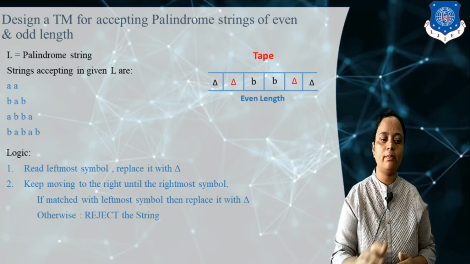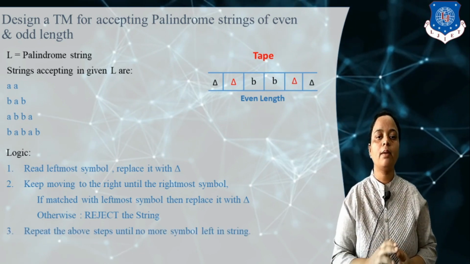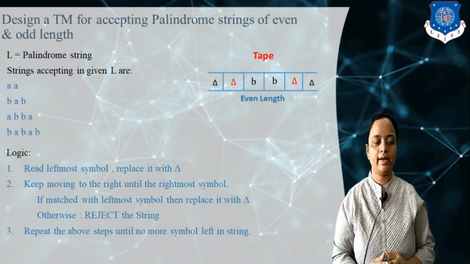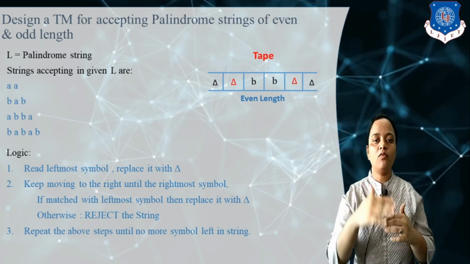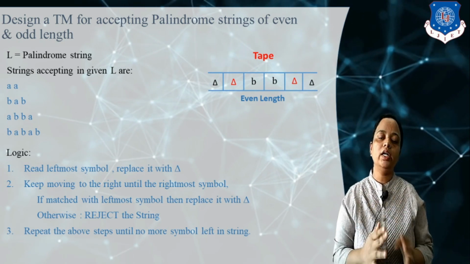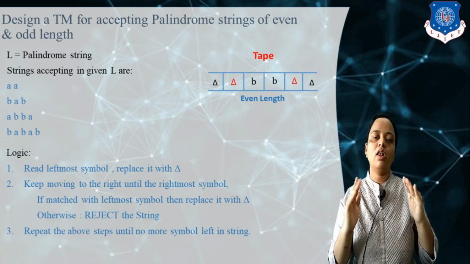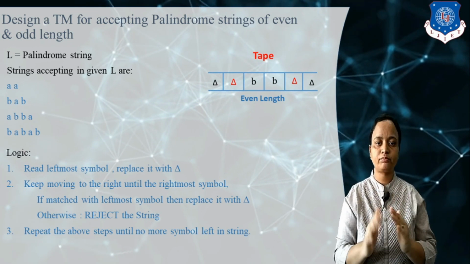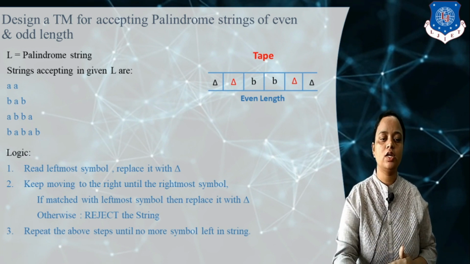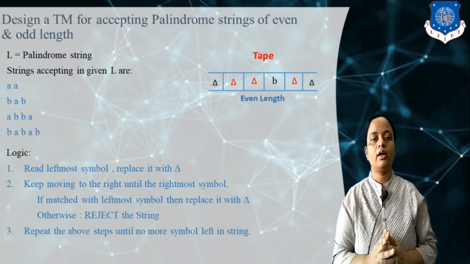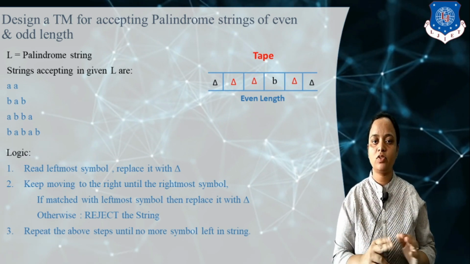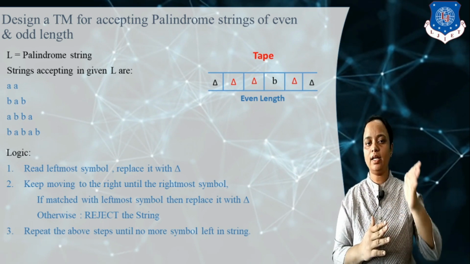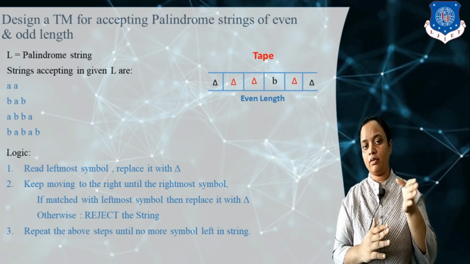Now step number 3 says that we repeat step number 1 and step number 2 until no more symbols are left in the string. So here we process the input string. You can see that my next character is B, so B is replaced by delta.